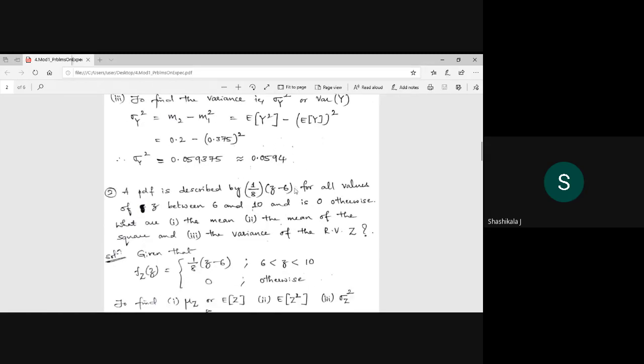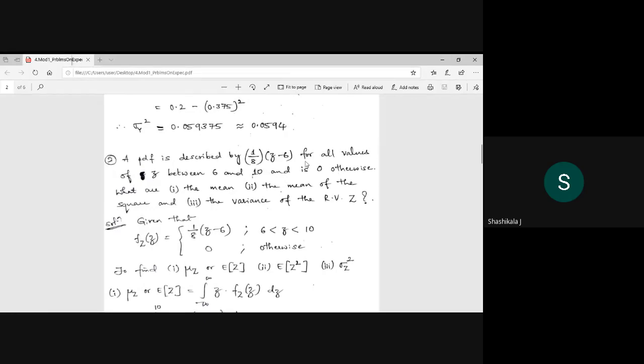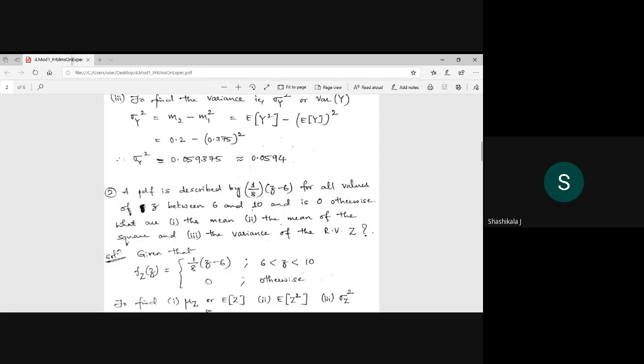Next, a PDF is described by this equation, and what are the mean of the square and the variance? Is it the same or a different question?